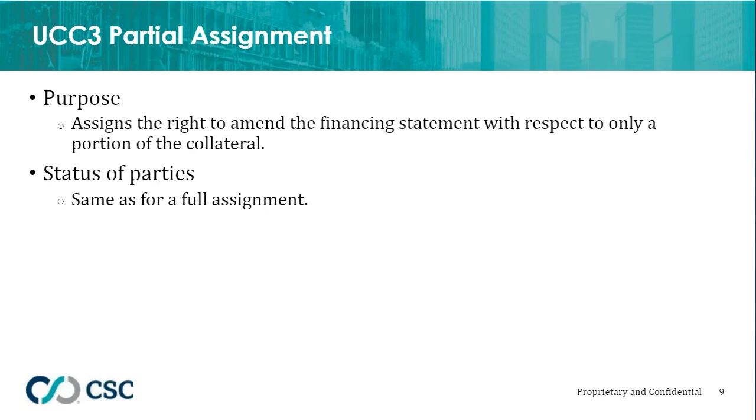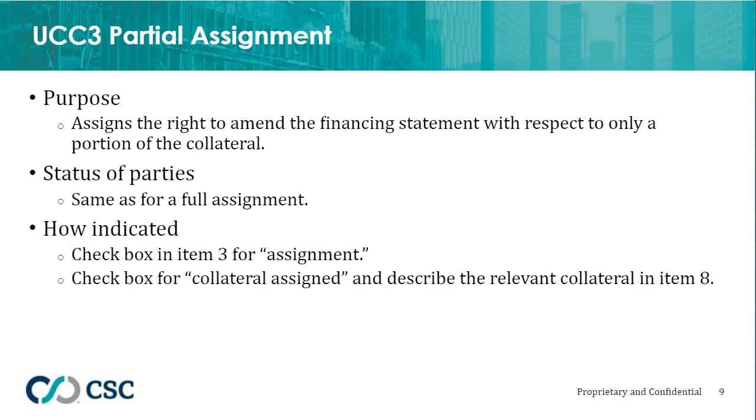The assignor remains a secured party of record. In fact, there's a case out there, which I might talk about if there's enough time, involving an assignment where the court pointed out that because the secured party did not assign the security interest, the assignor remained perfected by the financing statement it originally filed.